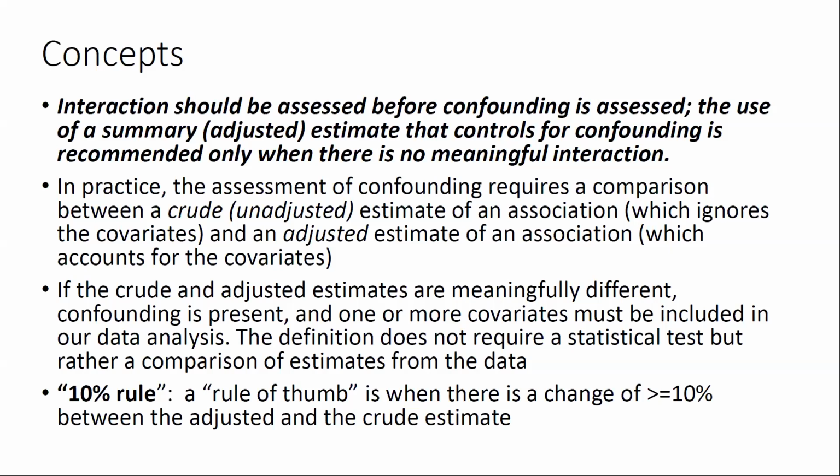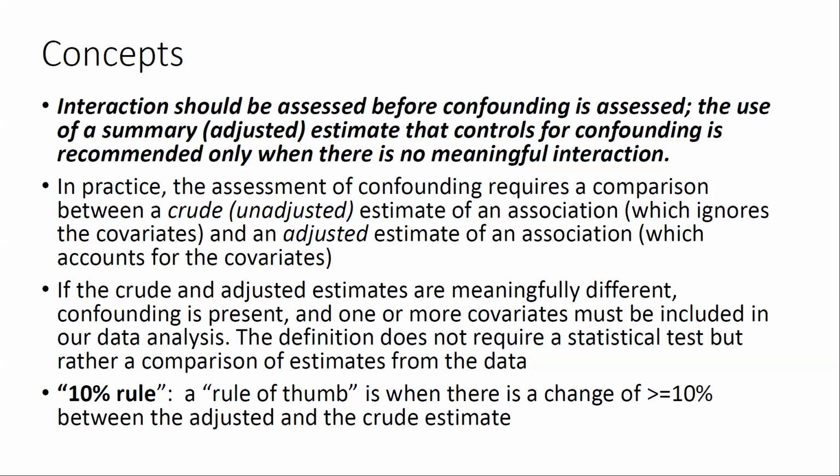Then the definition does not require a statistical test, but rather a comparison of estimates from the data. As I said, there's no formal statistical test for a confounding issue. So usually people use a rule of thumb for that, called the 10% rule.